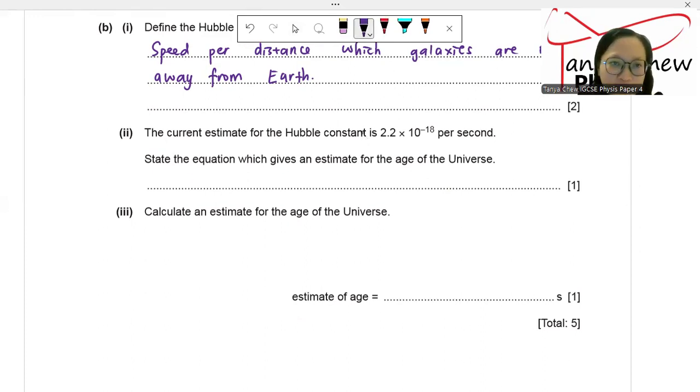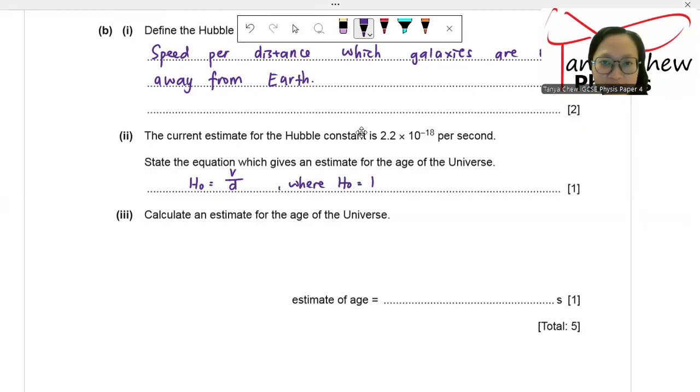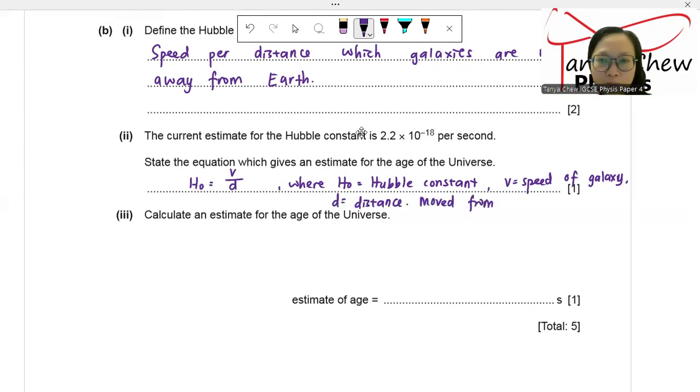So I'm going to put Hubble constant is equal to V over D, where H naught represents Hubble constant, V represents the speed of a galaxy, and D represents the distance moved from Earth. Now, the third one, calculate an estimate for the age of the universe.